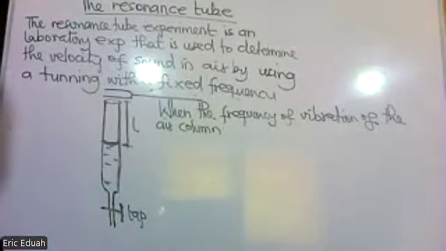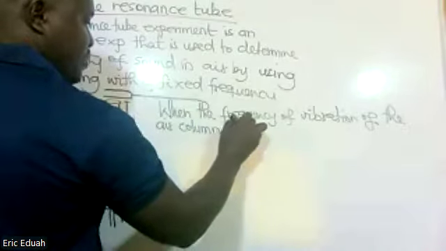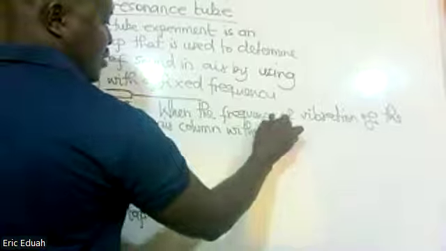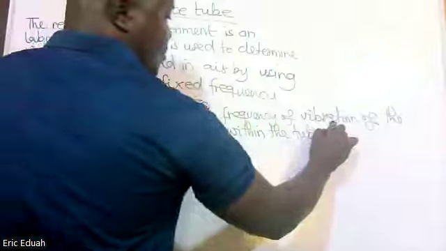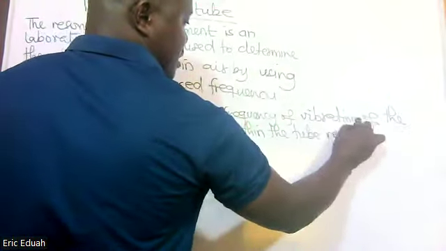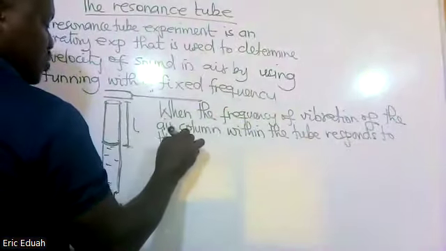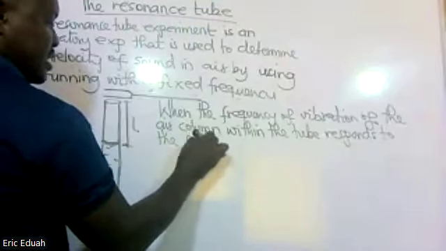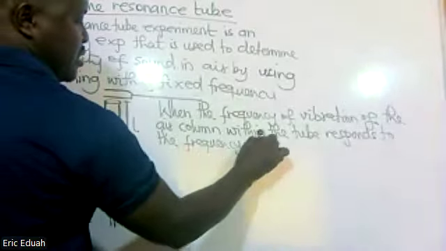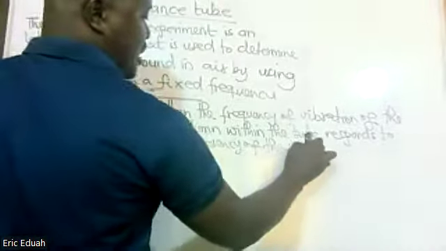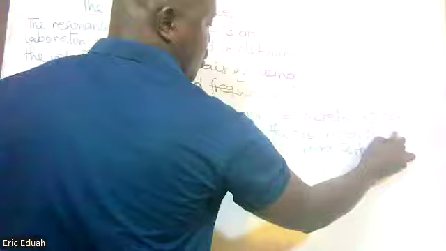That's what we mean by air column. When the frequency of vibration of the air column within the tube responds to the frequency of vibration of the tuning fork, resonance occurs.